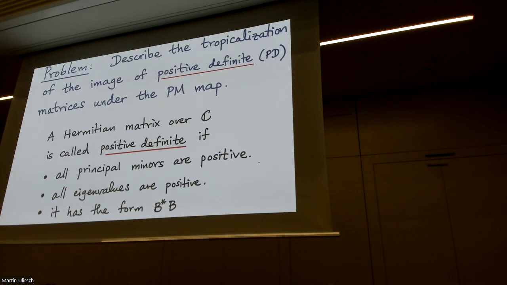Let me remind you, a Hermitian matrix over the complex numbers is called positive definite if any of these three equivalent relations is satisfied: all principal minors are positive, or eigenvalues are positive, or it could be factored as B adjoint times B, where B is invertible. Otherwise, if you don't have this extra condition, you have positive semi-definite.